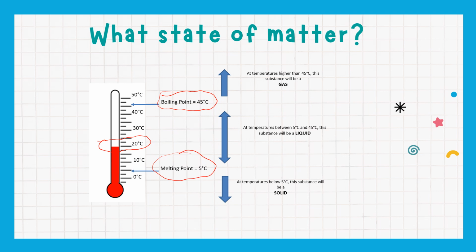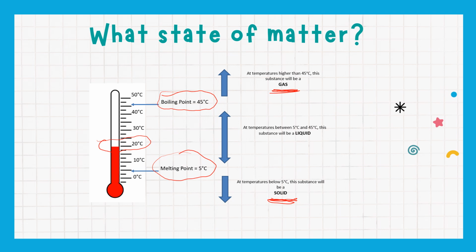has it reached its melting point yet? So if a substance's melting point is at 5 degrees, that means anything below 5 degrees will be a solid. If the boiling point is 45, it means that anything above 45 degrees will be a gas.